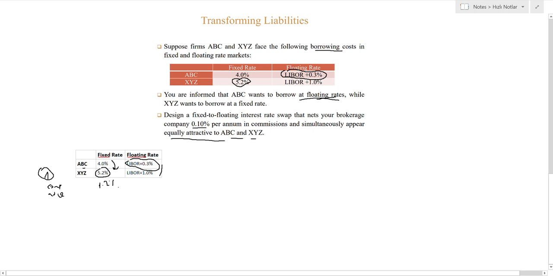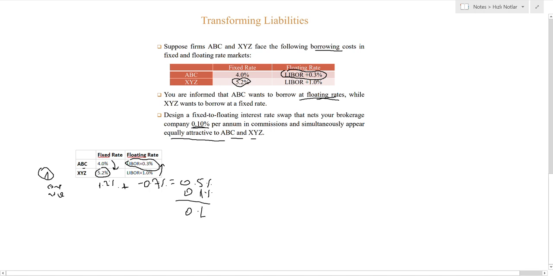And when I look at the floating rates, XYZ company actually has the disadvantage, therefore I write the minus sign, minus 0.7%. So at the end, we have 0.5% comparative advantage. We also want to take our commission, which is 0.10%.